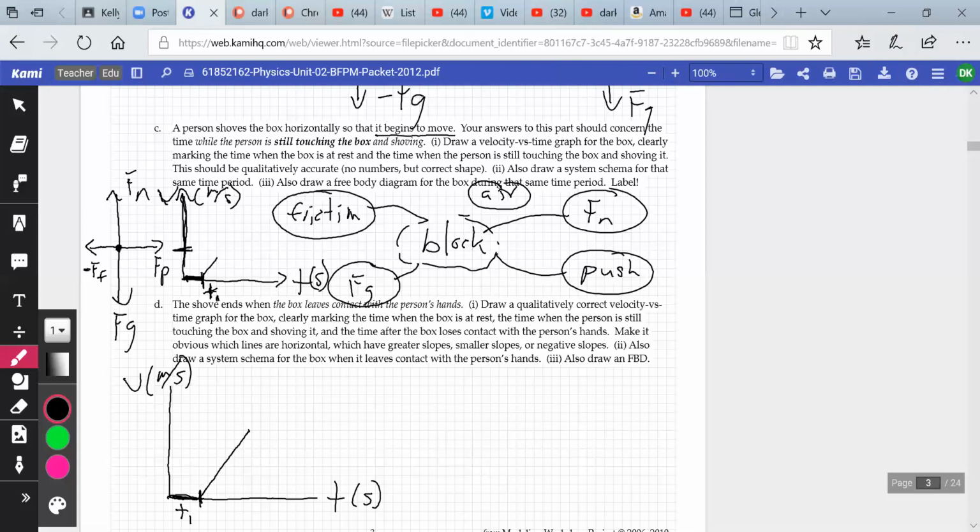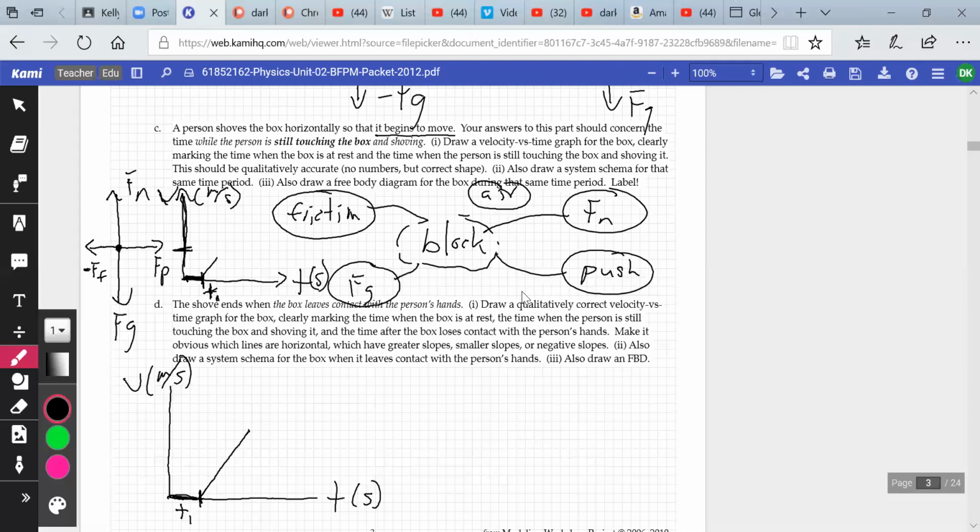Yes, the main idea with friction, its sole job is to bring an object to rest. It's to decelerate the system. If my object is moving to the right, I'm pushing it to the right and I lose contact, then as the object is going to the right and friction is going to the left, friction is going to slow the object down. Its main job is to bring it to rest.